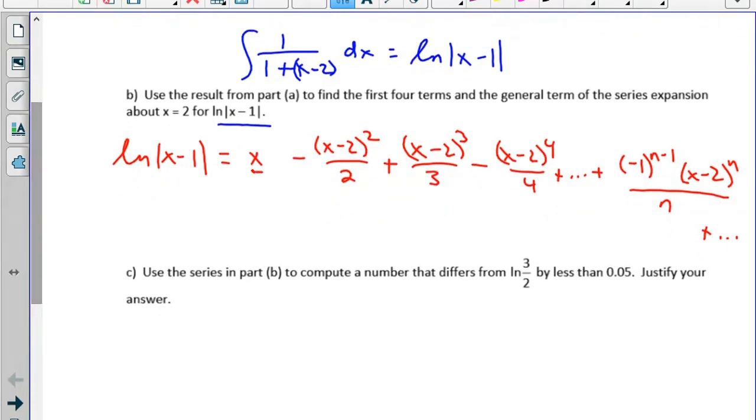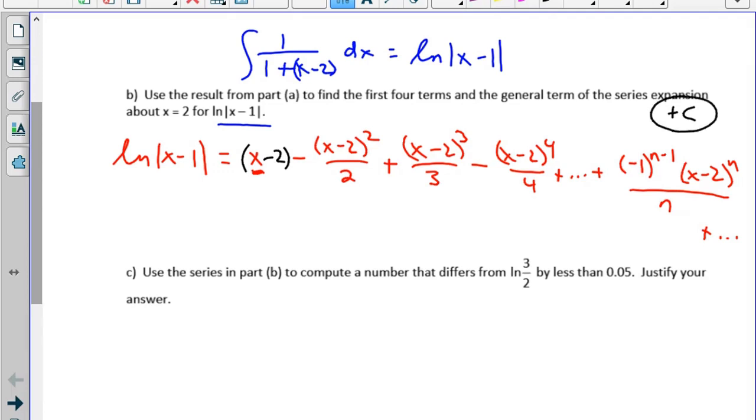Now, one thing you're going to want to notice is in part B, when I integrate 1, I get x, but every other term has this x minus 2 in here. And so what I really probably want to do is write this as x minus 2 instead of just x. And the reason I can do that is when I integrate, there's always a plus c at the end.